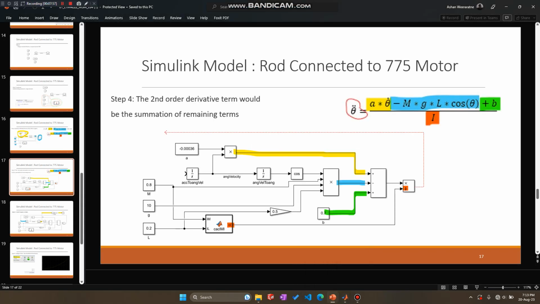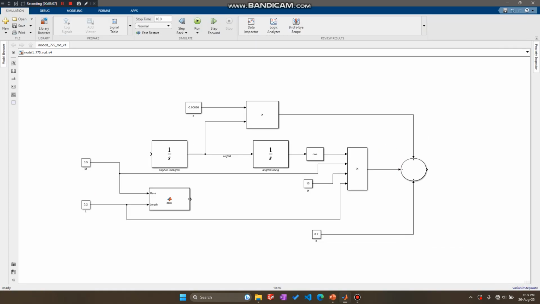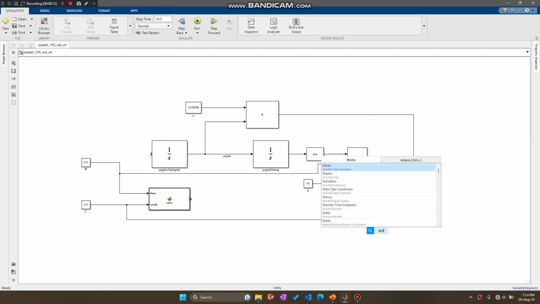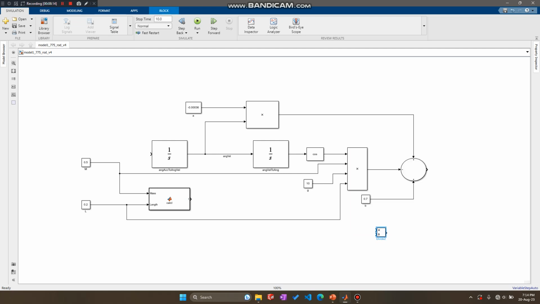So now we have the signal for the whole expression on the numerator, and to obtain a signal for theta dot dot we need to divide it by I. So that's quite easy. We once again bring up a divide block. What's available by default is what we need. We divide it by I. So the output of this block would be theta dot dot.